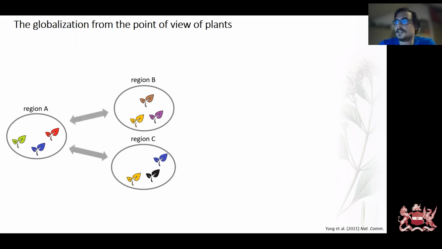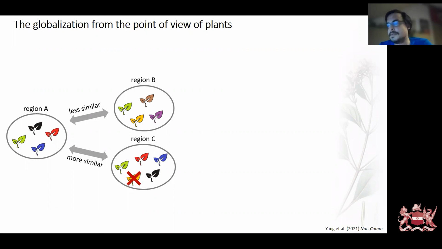If we have exchange of non-native plants between these regions, those floras might become more similar because they're exchanging species that might establish in these regions. And so some of these regions become a bit less similar and others more similar, depending on the amount of species that they are exchanging and the characteristics of these regions.